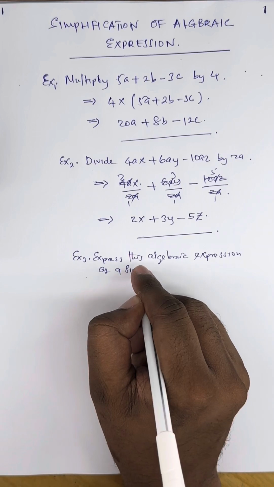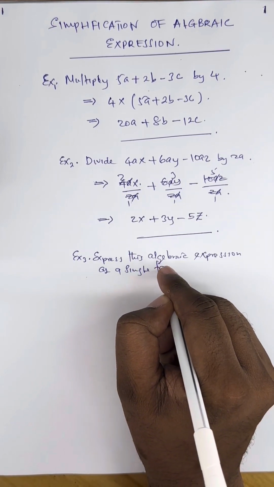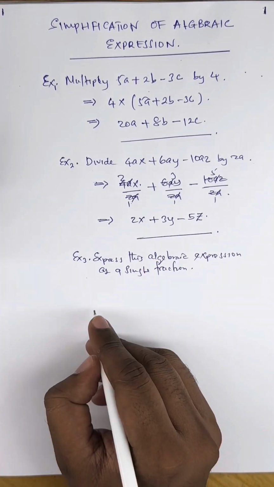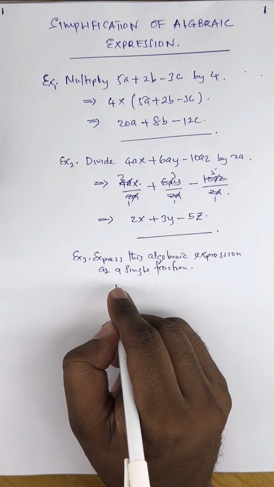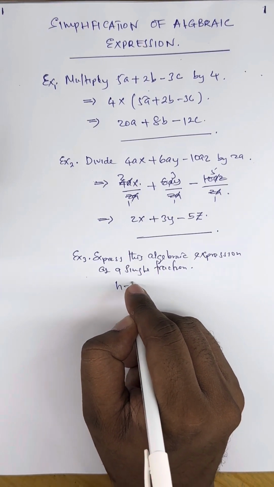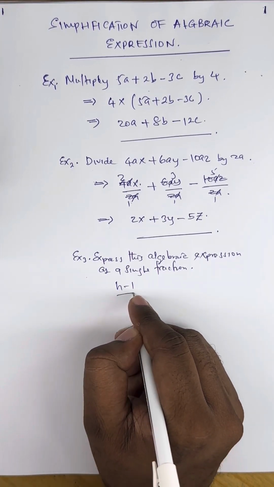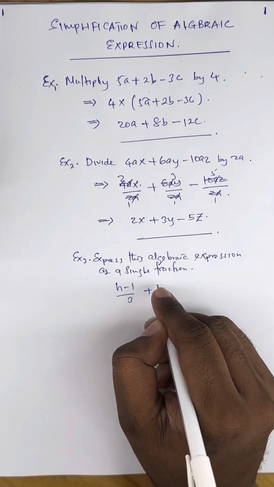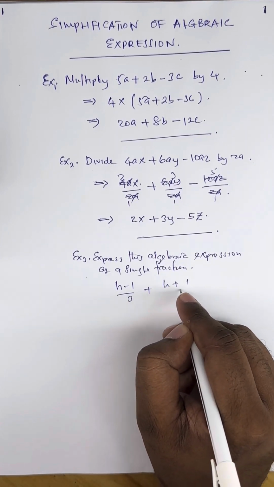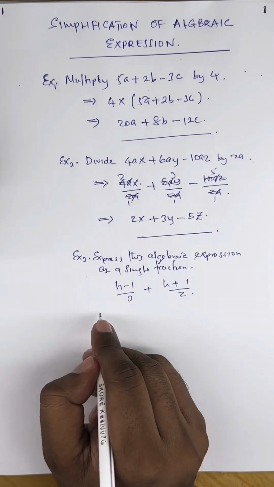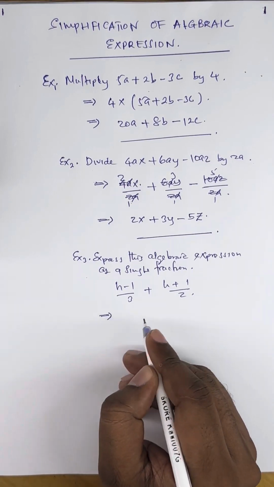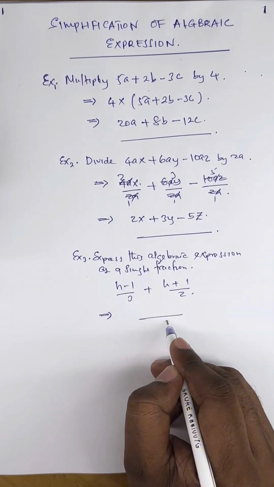What do we have? We have h minus 1 over 3, then add h plus 1 over 2. So find the LCM of this, which is 6.